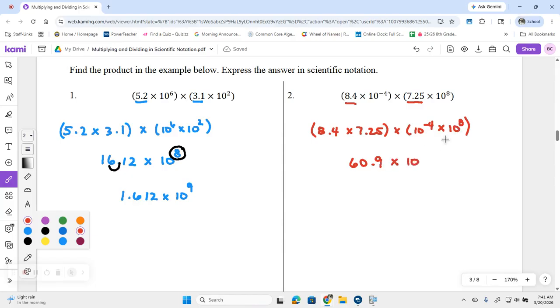And 10 to the negative 4th times 10 to the 8th is 10 to the 4th. 60.9 is too big, so we've got to shift that decimal point over and adjust our exponent. So we get 6.09 times 10 to the 5th power.